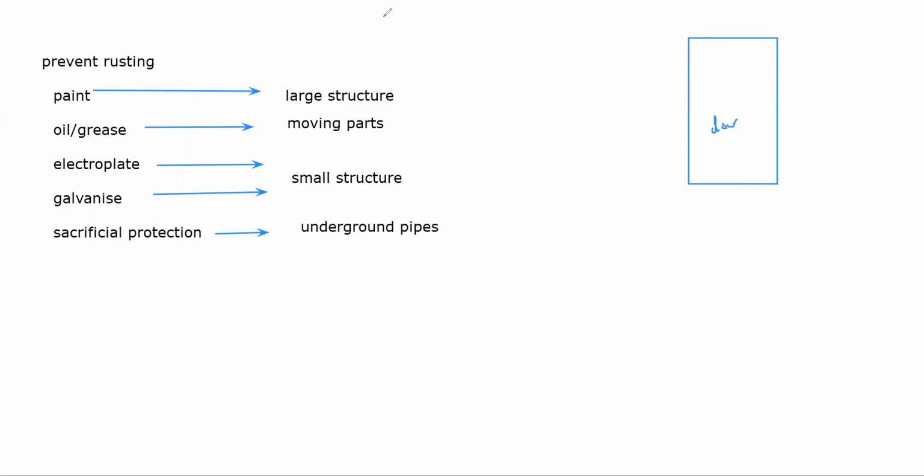So what we do, we paint this. When we paint, basically the painting will not allow the structure to interact with oxygen or water vapor, because both oxygen and water vapor will cause the rusting.